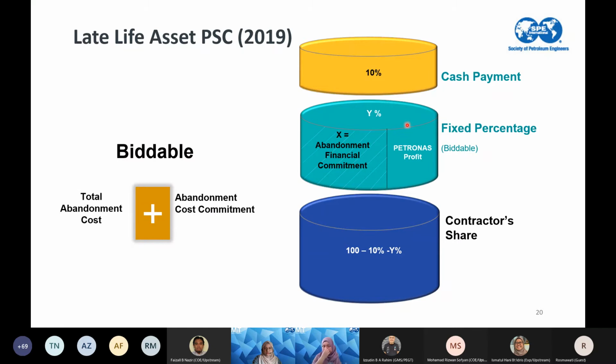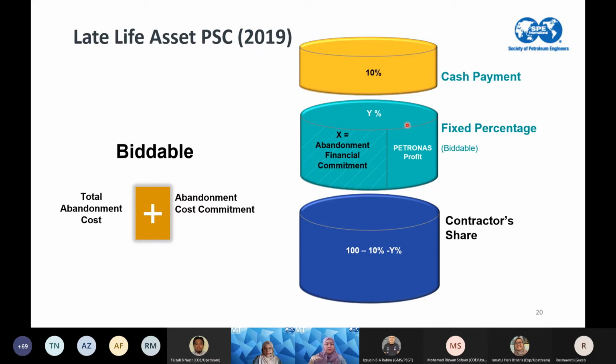So that's why in late life asset PSCs, there's an agreed number upfront between the contractor and the host authority, how much of the decommissioning is going to cost, okay? And when the contractor carries out the decommissioning activities itself, if they come in below the estimate, they get to keep a portion of what they save. And if they come in above, then they have to pay for whatever remainder is not sufficient, right?